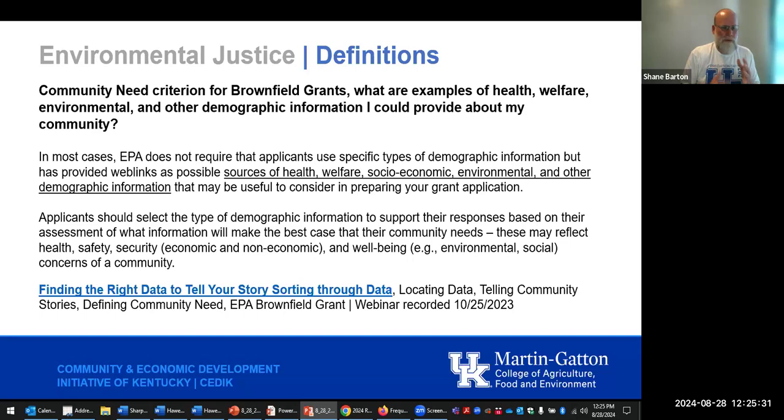And again, thinking about that application and community need, we've touched on a lot of these already, but just to wrap it up, there's a lot of data, frankly, that you can dive into to help you justify each of these definitions, whether we're talking about health or socioeconomics or other environmental or demographic information.